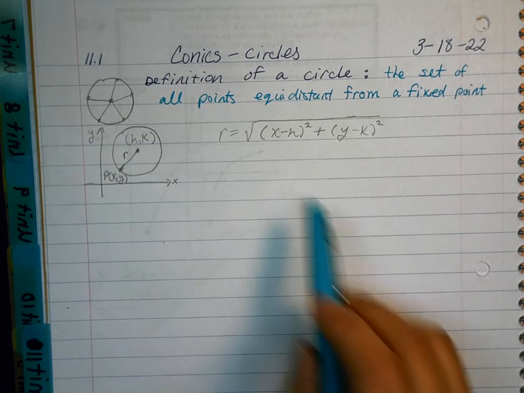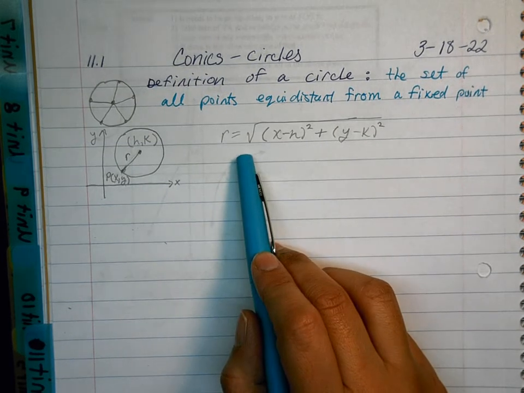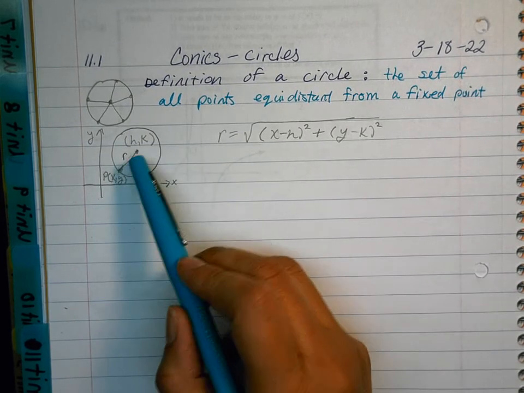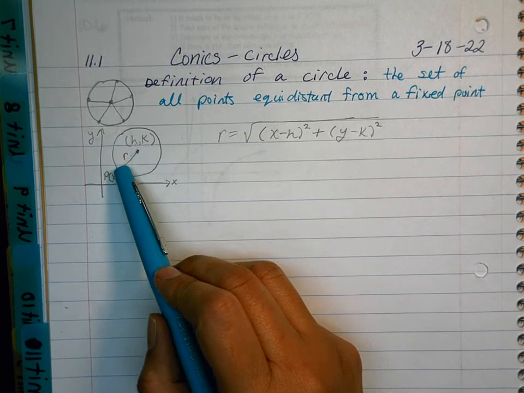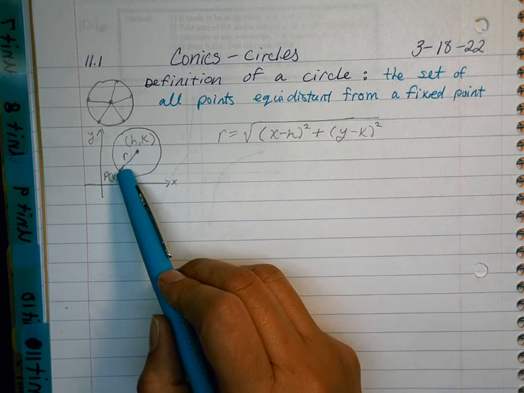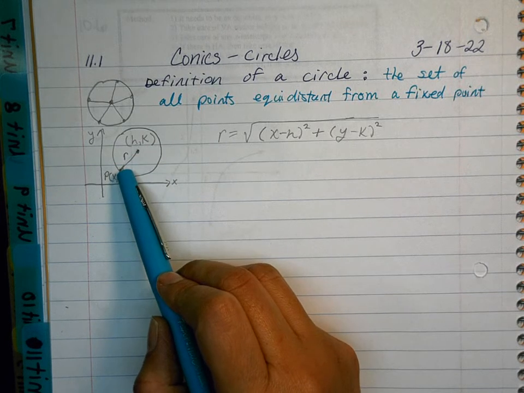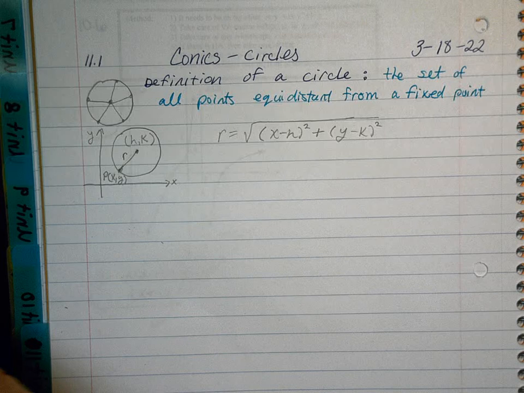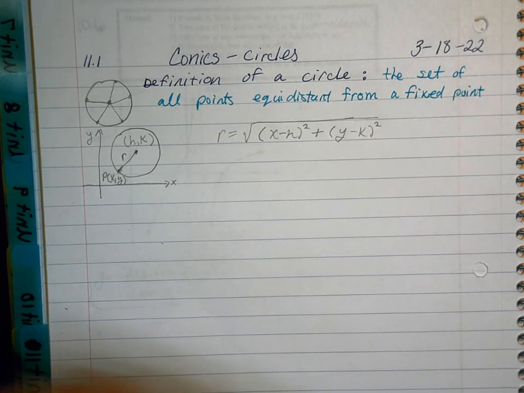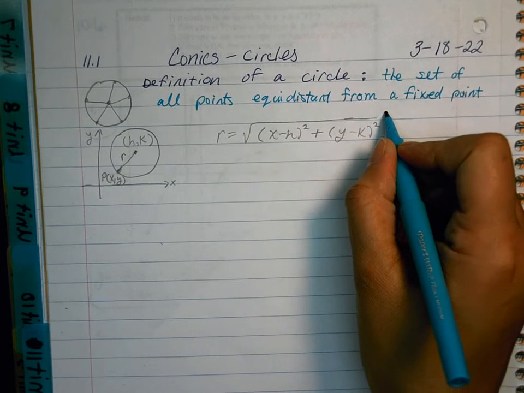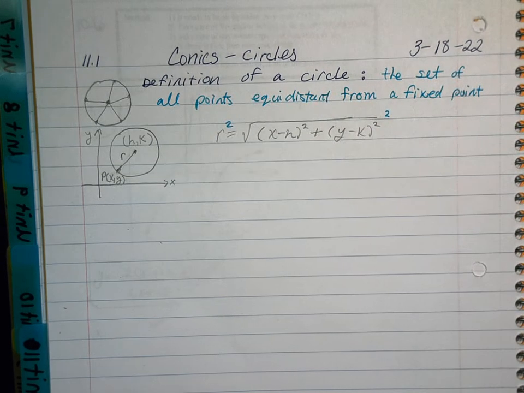All right. So, would you guys agree that this is the radius, therefore the radius should equal the distance between the center and any point on the circle? Yes? Okay. What would I do to both sides to get rid of the square root? Square. So I'm going to square here and square here.